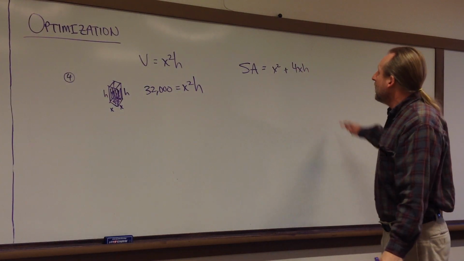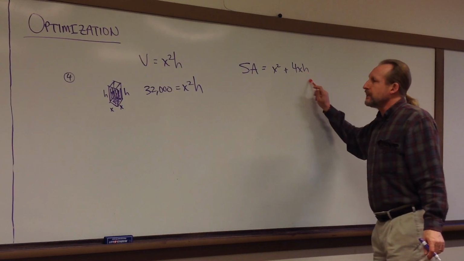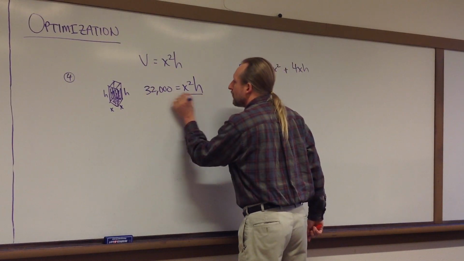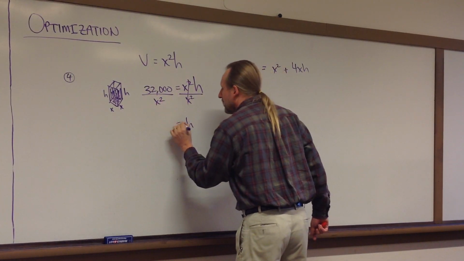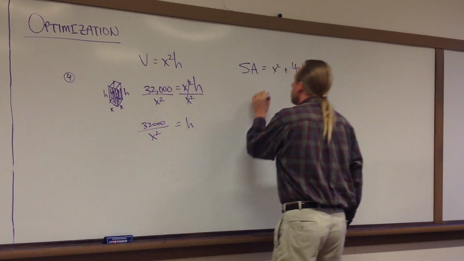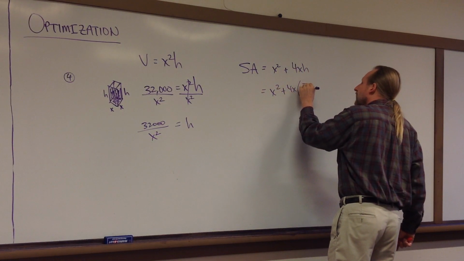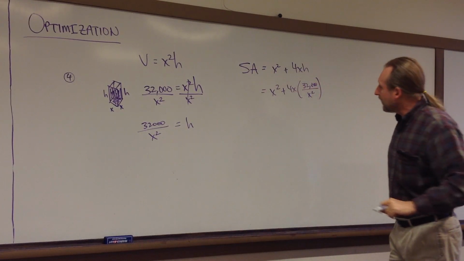So again, we don't want to graph this with 2 variables, so we're going to substitute in for that h. Here's the constraint piece. We want to get the h by itself. h is 32,000 over x squared. Good, then we come over here and plug in 32,000 over x squared.